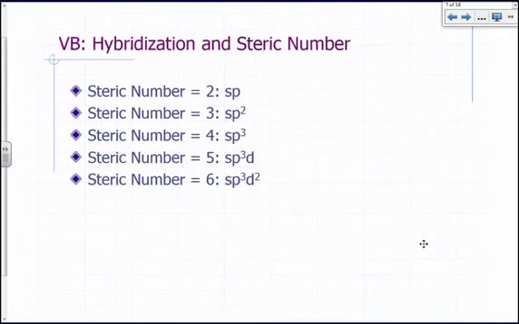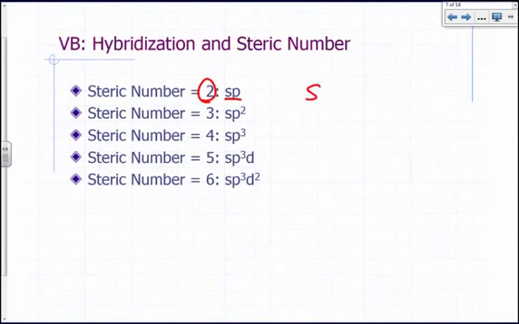In general, we can explain the electron domain geometry that we predict using VSEPR by invoking the following hybridization schemes. For steric number of 2, as we've seen earlier, we have to invoke an sp hybridization.